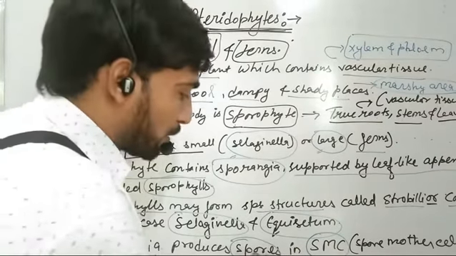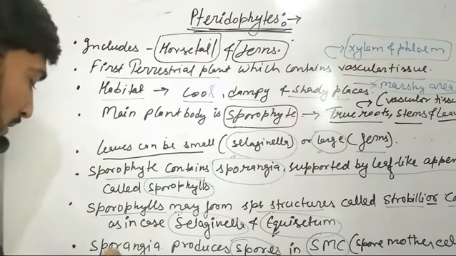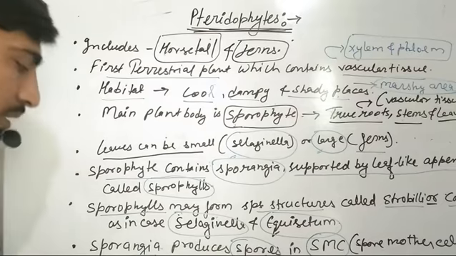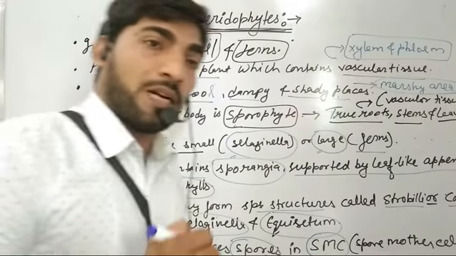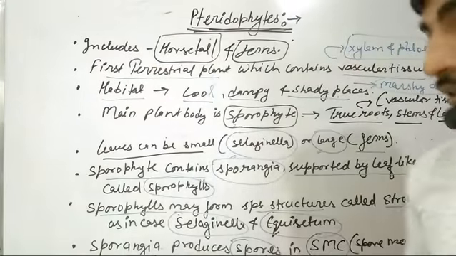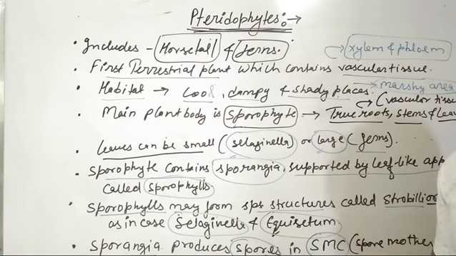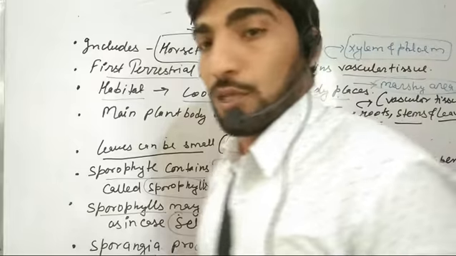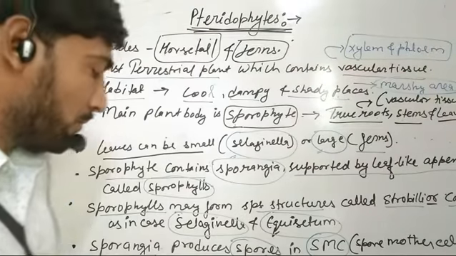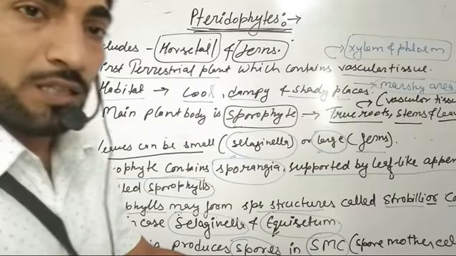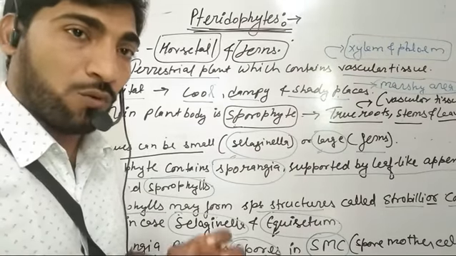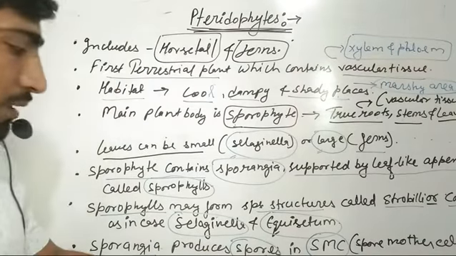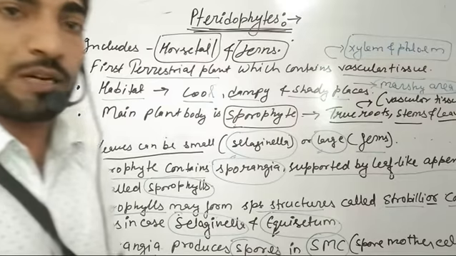These spores in pteridophytes are small, multicellular, free living and mostly photosynthetic thalloid gametophytes, which are known as prothallus.